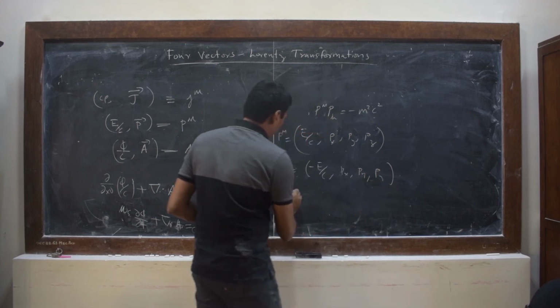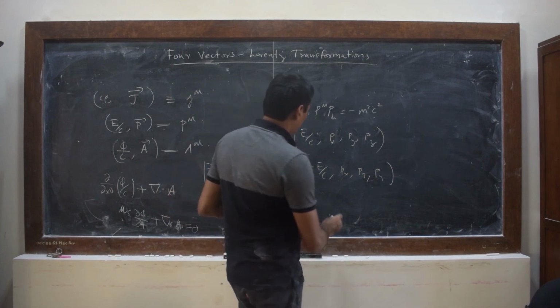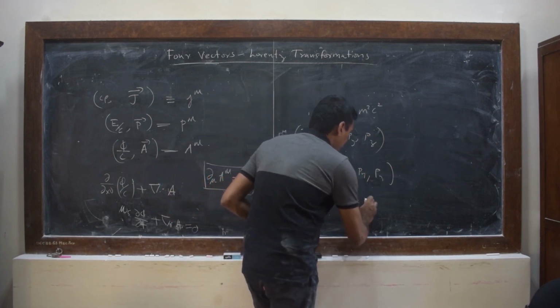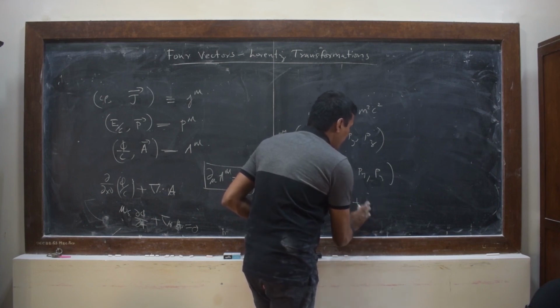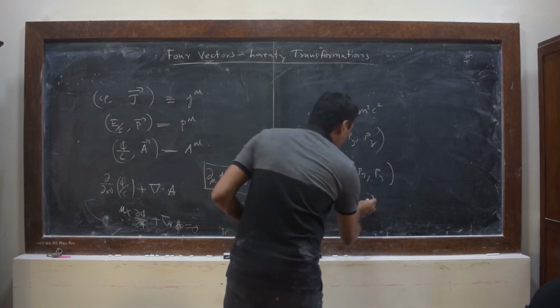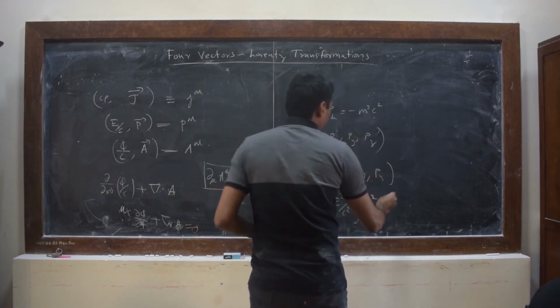So P upper mu P lower mu is minus E square by C square plus Px square plus Py square plus Pz square, that is P square, and I told you this is equal to minus m square C square.